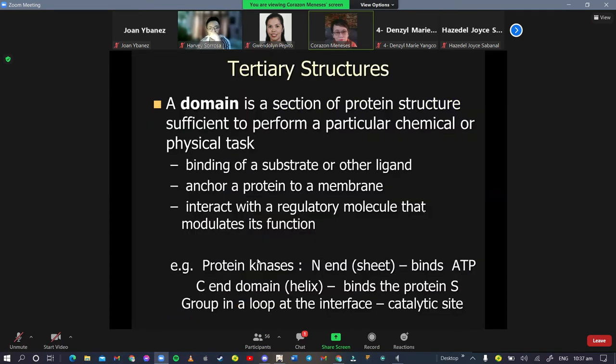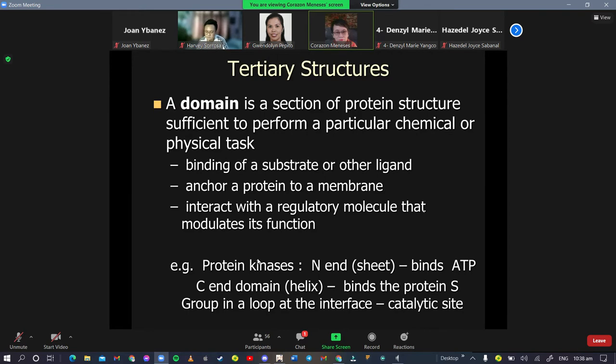Then we have, what is the meaning of a domain? A domain is a section of the protein structure sufficient to perform a particular chemical or physical task. Okay. So we call it a domain already when it assumes the tertiary structure, if it has a function or a task. And then we can call it a motif if structurally you've seen something, then you can predict that it can perform a particular function.